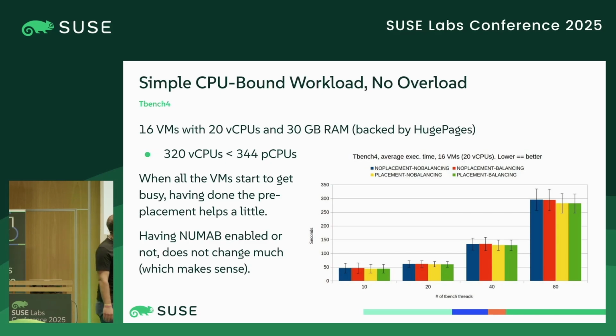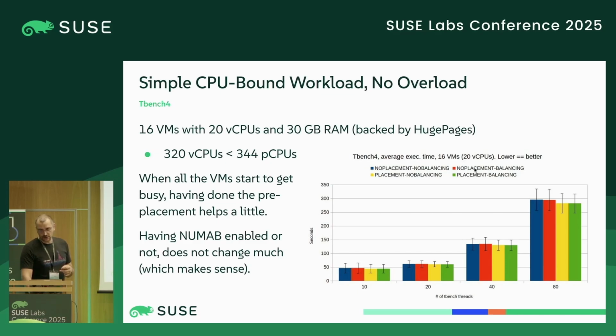And the different scenarios for these, but also for all the graphs and for all the benchmarks that I'm going to show in the rest of the presentation, is this one. So the blue histogram is where neither placement via our NUMAD hack nor automatic NUMA balancing are active.